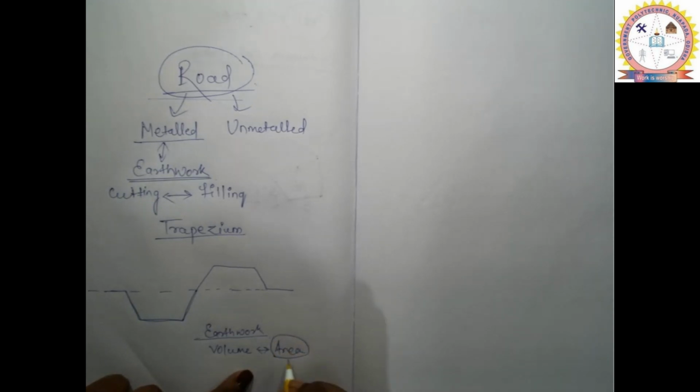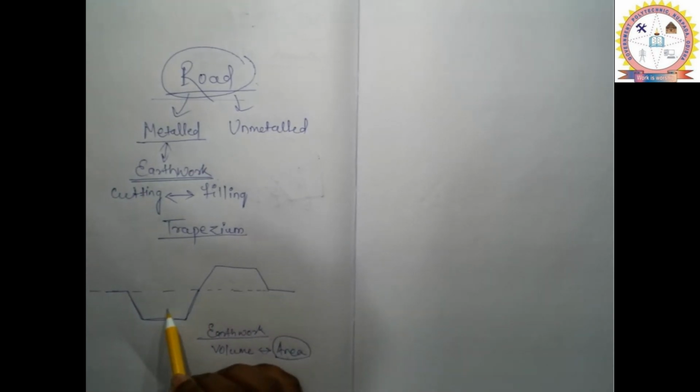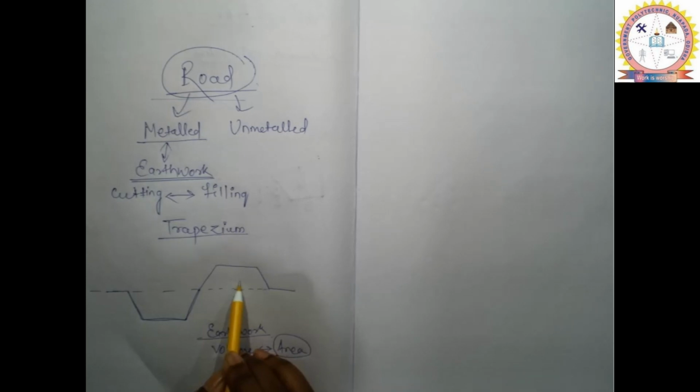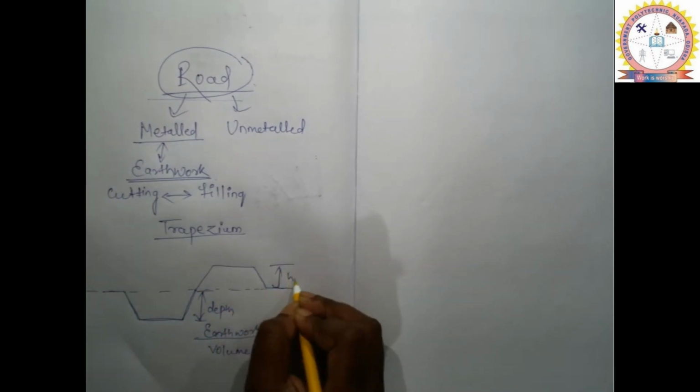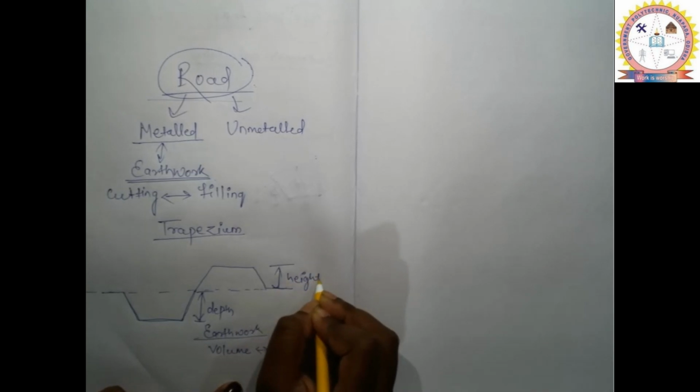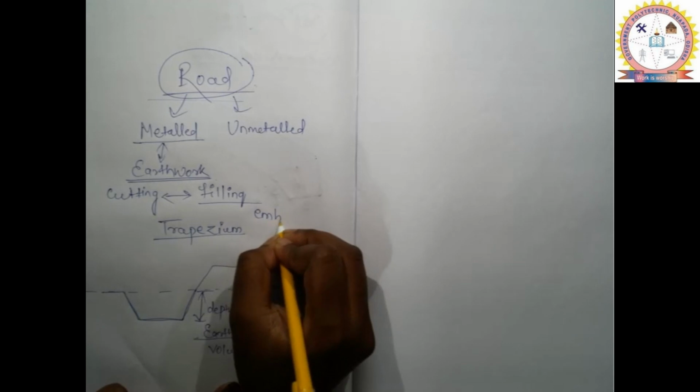Basically the area of this trapezium section, either in cutting section or in filling section. Cutting is known as depth, and filling is known as height, or filling is also known as embankment.